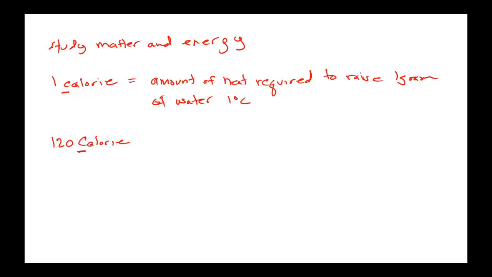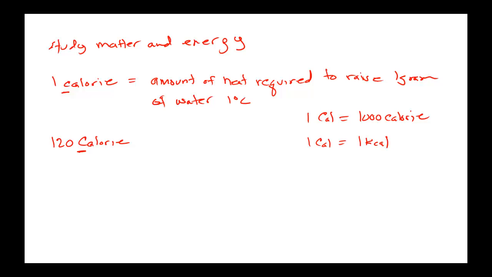Most of the food that we eat is on the order of thousands of small calories, as they call them in the dietitian schools. So what you want to remember here is that 1 capital C Calorie is equal to 1,000 calories, lowercase c. Or another way this is written is 1 capital C Calorie is equal to 1 kilocalorie.